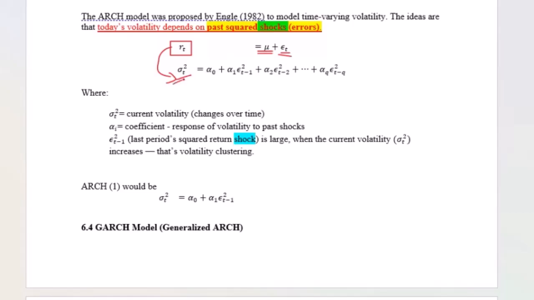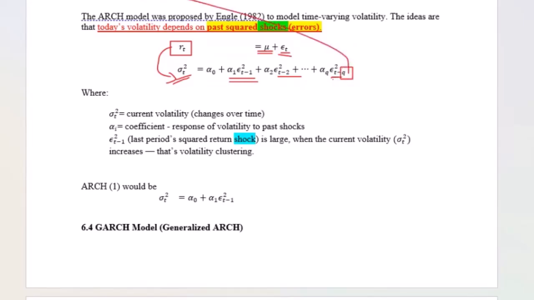So this one could be expanded to this. Okay. The current volatility, or the current period changes in a time series data, depends on the period t minus 1, period t minus 2, all the way up to period t minus q.